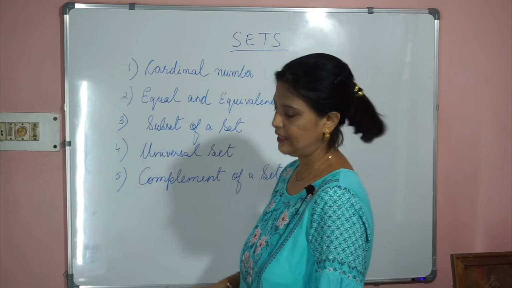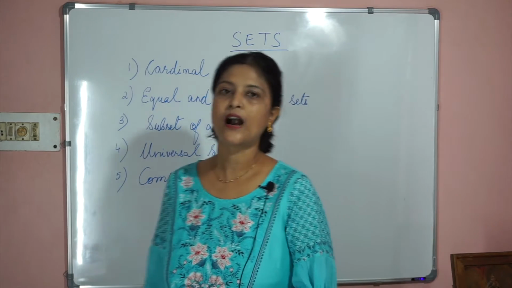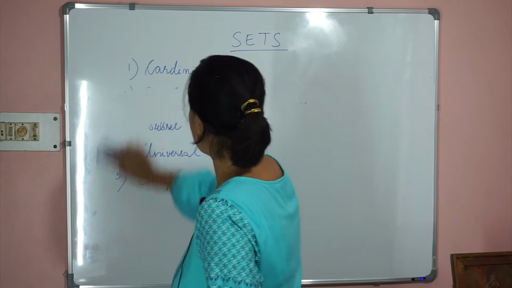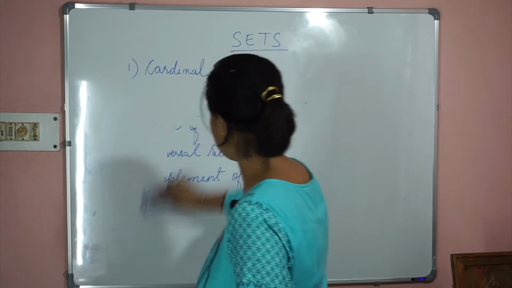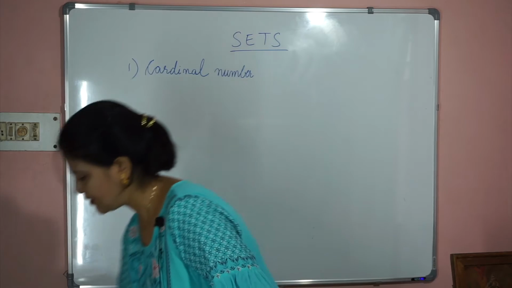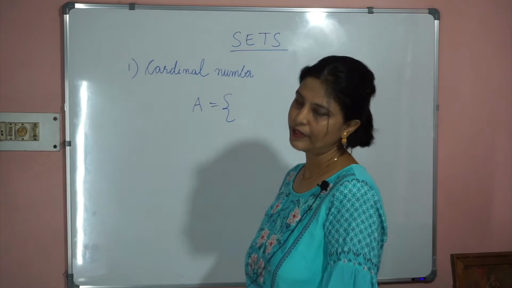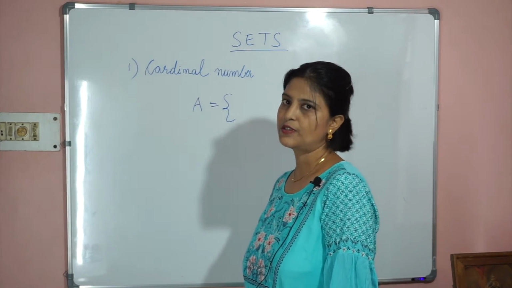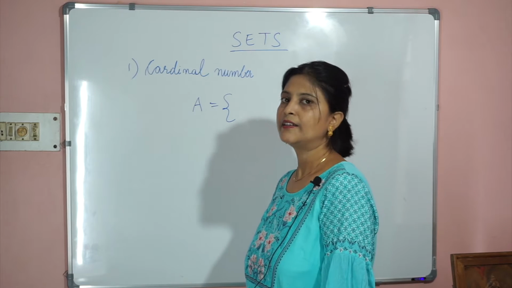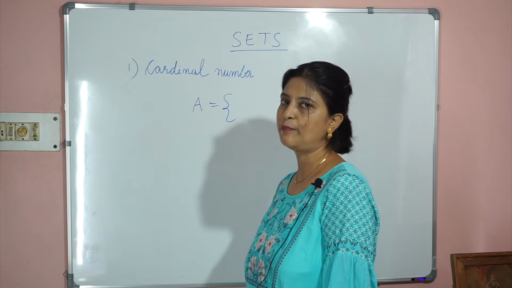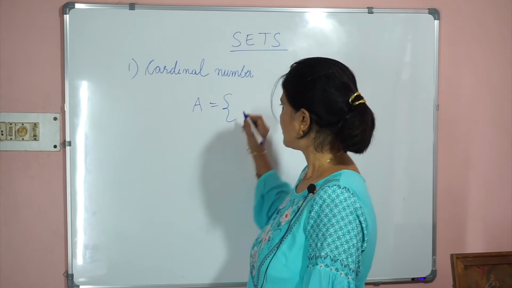First of all, let me explain the term cardinal number. So you must have already seen the video related to class 6 standard. I had already said earlier in my video related to standard 6 that the elements of a set are written within a pair of curly brackets, right?